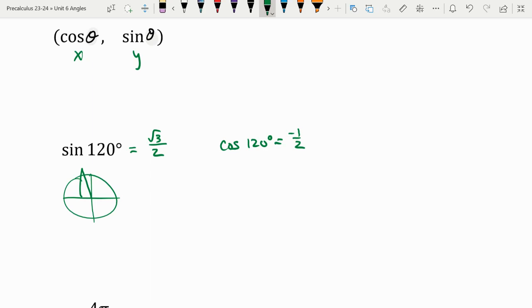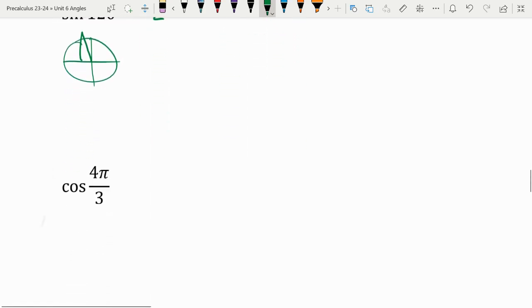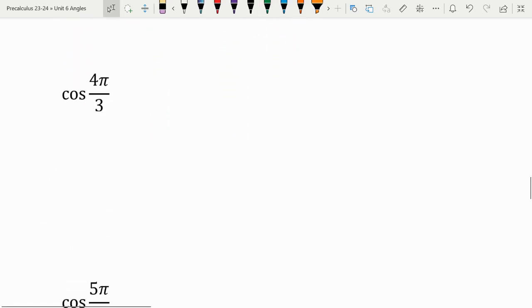Okay? So let's look at this one. Cosine of 4 pi over 3. Does anybody think you can do it? Let me give you 30 seconds. See if you can do it. I've only given 2 examples.